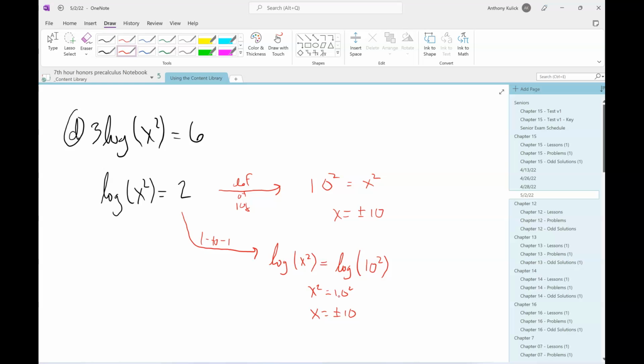The last thing we could do is try to cancel the logarithm. So what's going to cancel out a logarithm? An exponent base. Which exponent base would I use? 10. Why 10? It matches the base of the logarithm.